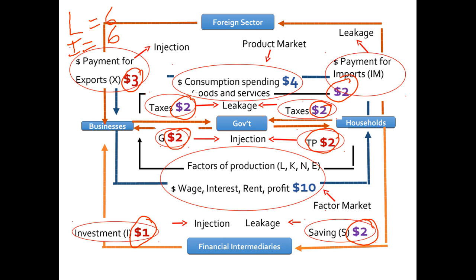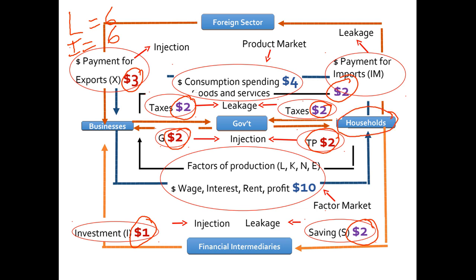Now, there's another way to define leakages. By leakages, I mean the money that is not spent on buying goods and services produced by the business sector. That is the definition. Now see this, household sector, if you remember in the example, receives initially $10.